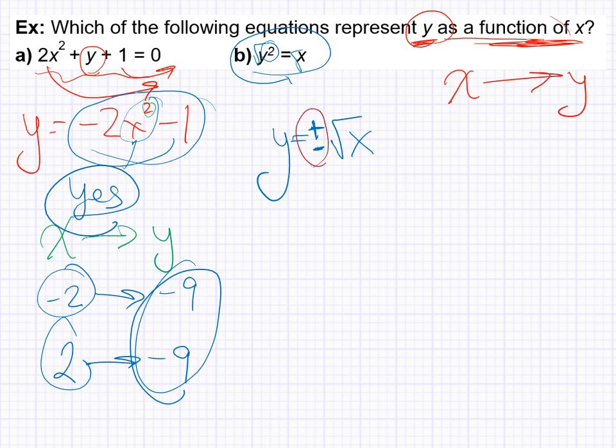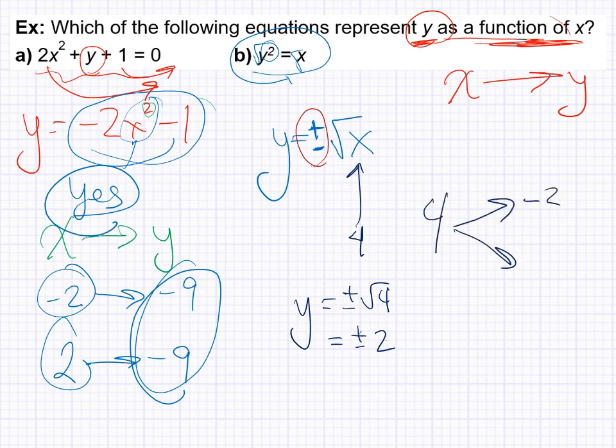If I were to plug a single value in here for x, let's say I plugged in 4, then y would equal plus or minus the square root of 4, which would be plus and minus 2. Those are two different values, positive 2 and negative 2. So this one x value now got two y values. That can't happen.